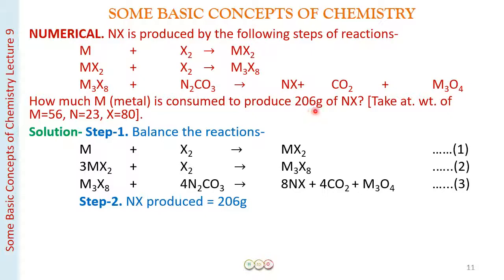So that would be 206 divided by the gram molecular mass, and the gram molecular mass for NX is going to be 23 plus 80, so this is 103. So the moles of NX are 206 divided by 103.